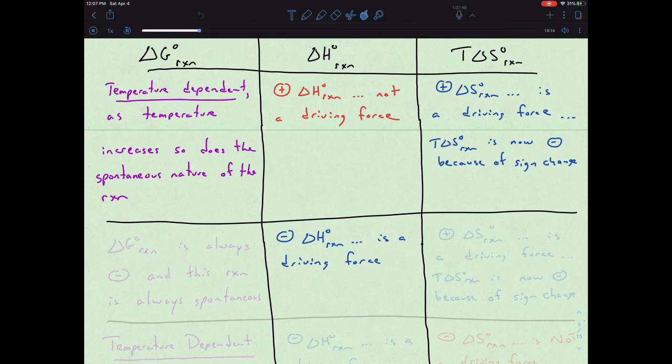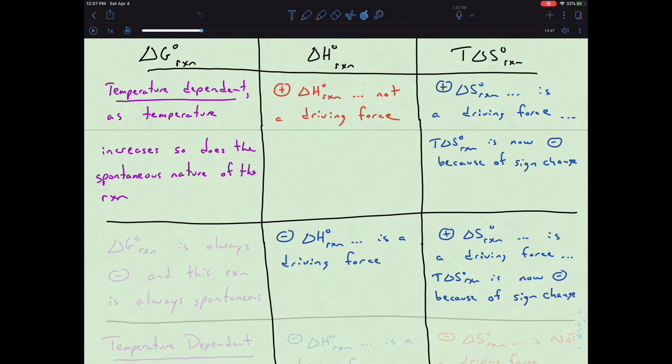This is a driving force. And if we have a positive entropy, again, this is a driving force, because T delta S is now negative because of the sign change.